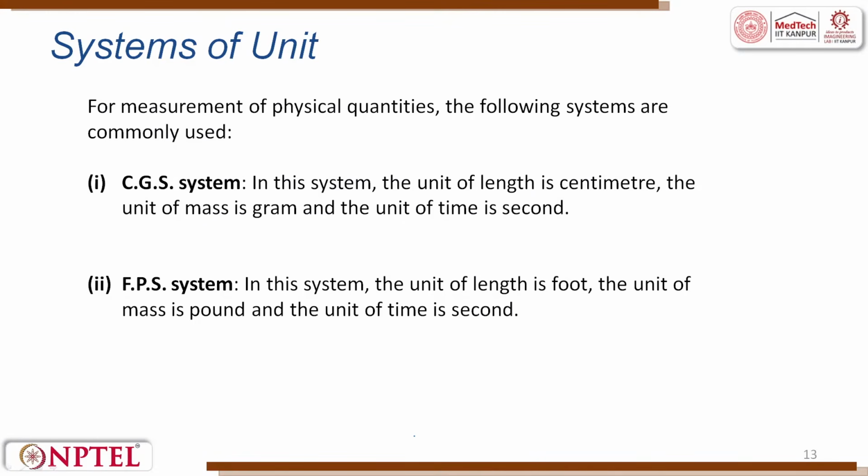Now, let us see what are all the different systems of units. For measurement of physical quantities, there are several systems. We have been using the CGS system, the FPS system, the SI system and the MKS system. Even now, they are used on and off. People have become smart enough to convert scales and then pick up the units.